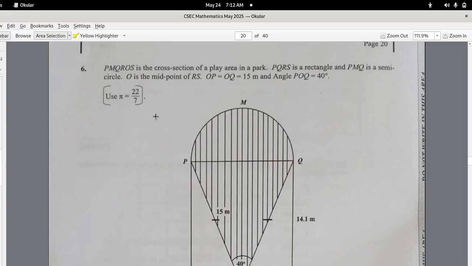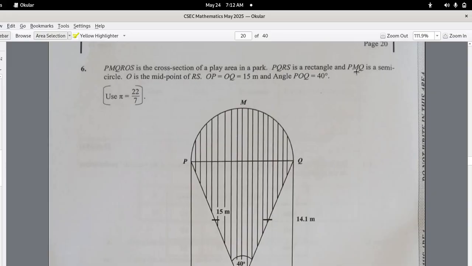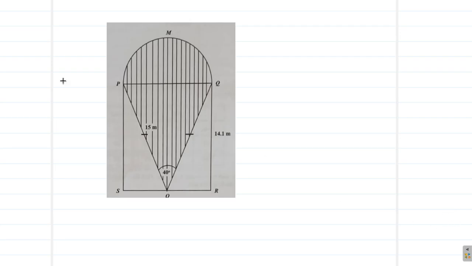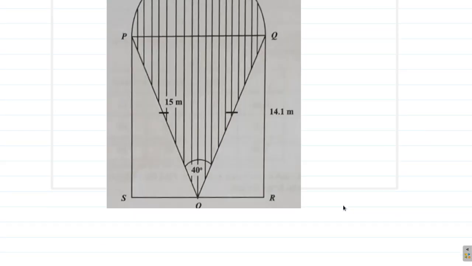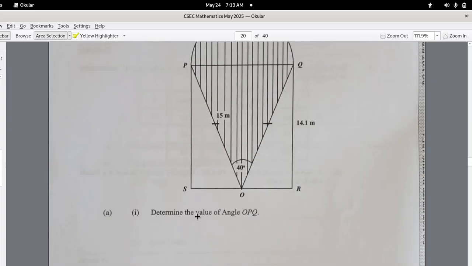All right, so I think we have all the values here already. Let's just copy this and paste it over here. So here we have it. Determine the value of the angle OPQ.